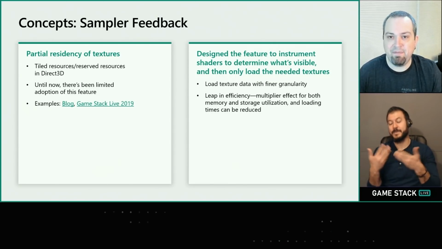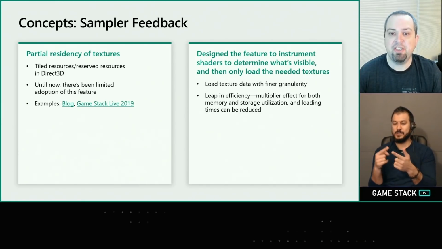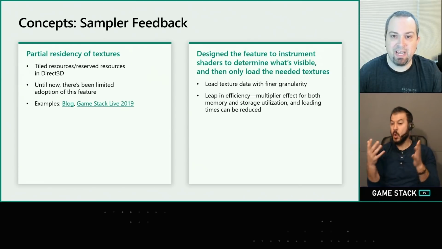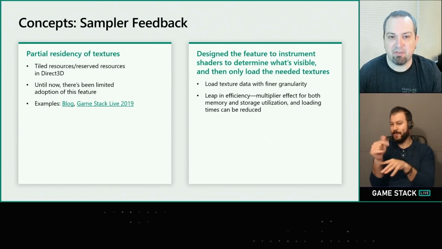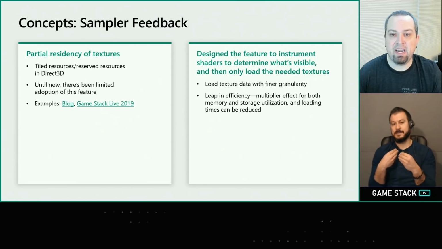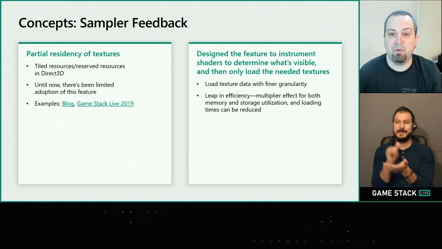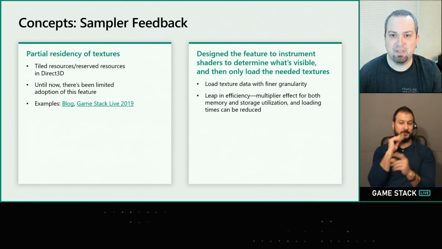So, with sampler feedback streaming, we designed the feature to instrument shaders to identify what is visible within a player's field of view and only load in the textures that are necessary for that field of view. That gives us a leap in efficiency, and it allows us to dedicate more resources that would otherwise be used for the rendering of those resources. You could then use those additional CPU, disk, and graphics resources to provide more experiences to your users.